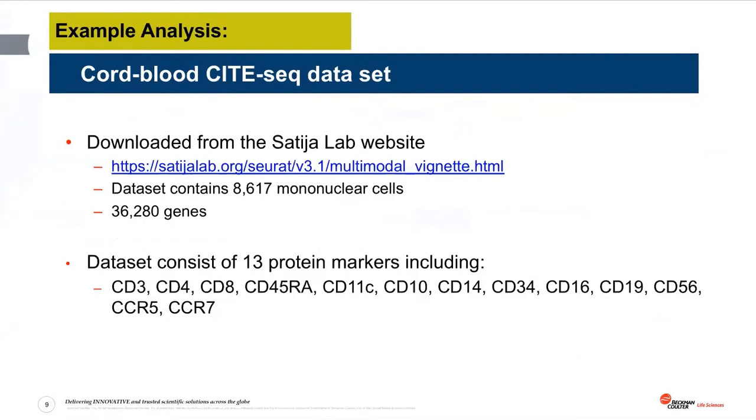The data is downloaded from the Satija lab website, and the data has about 9,000 cells and 36,000 genes. It is a CITE-seq data set, so it also has 13 protein markers, including some of the popular markers such as CD3, CD4, CD8, CD19, and so on.